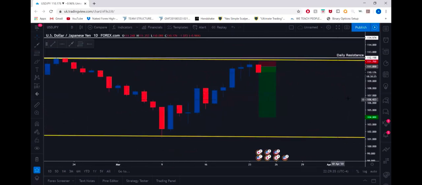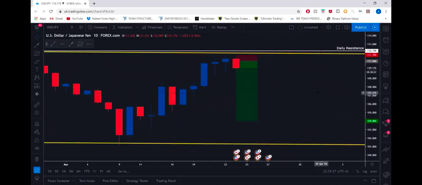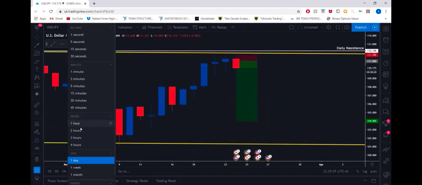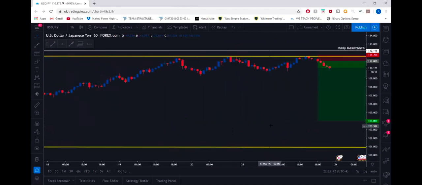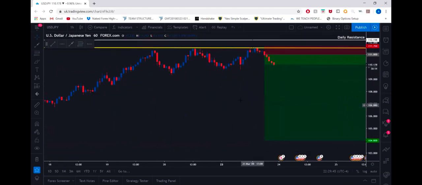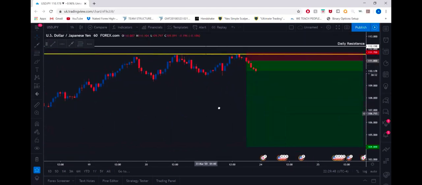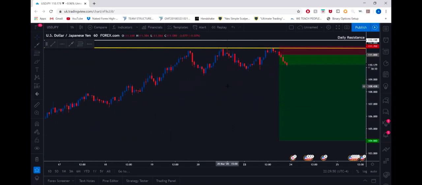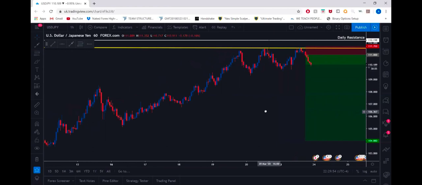Beautiful rejection, currently running really nice. We are, let's see, we are 82 pips in profit at the moment, risk free. So let's let that run for right now.